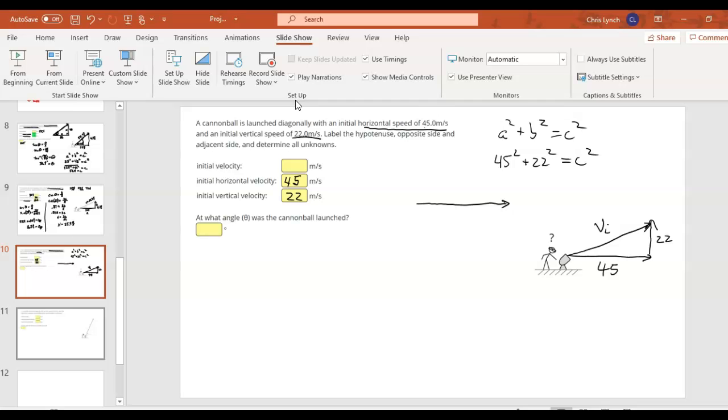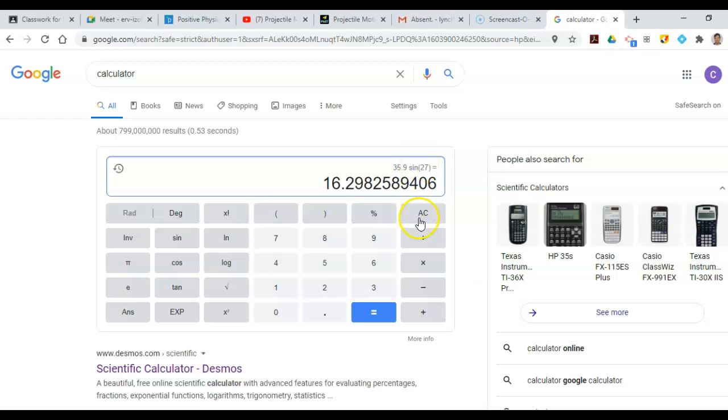So c is just going to be the square root of this: the square root of 45 squared plus 22 squared.